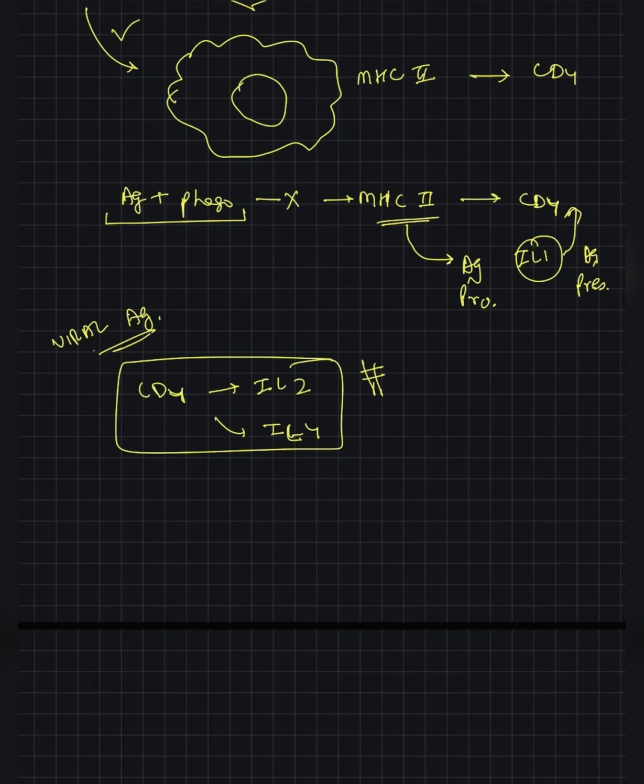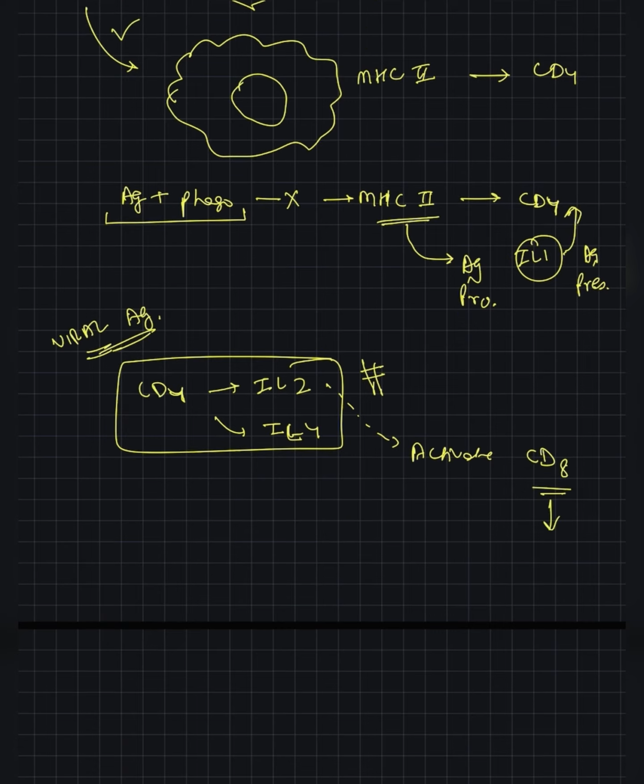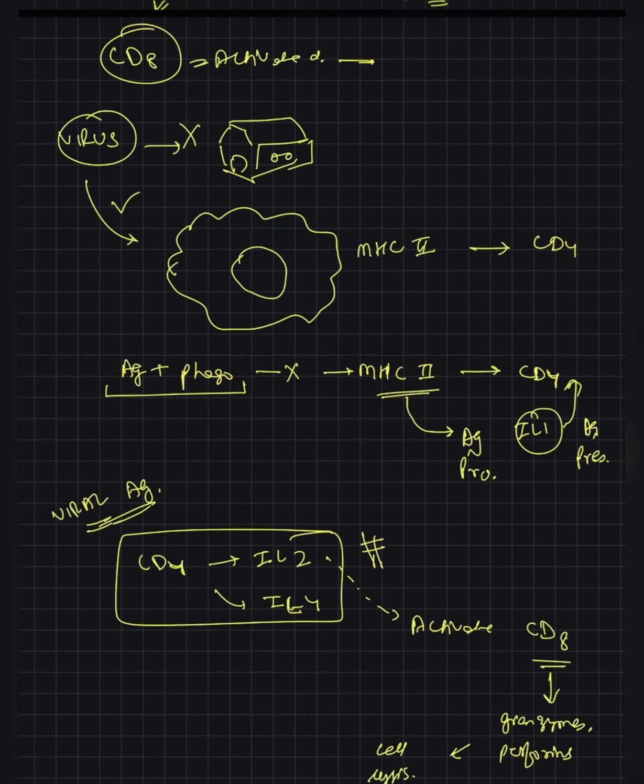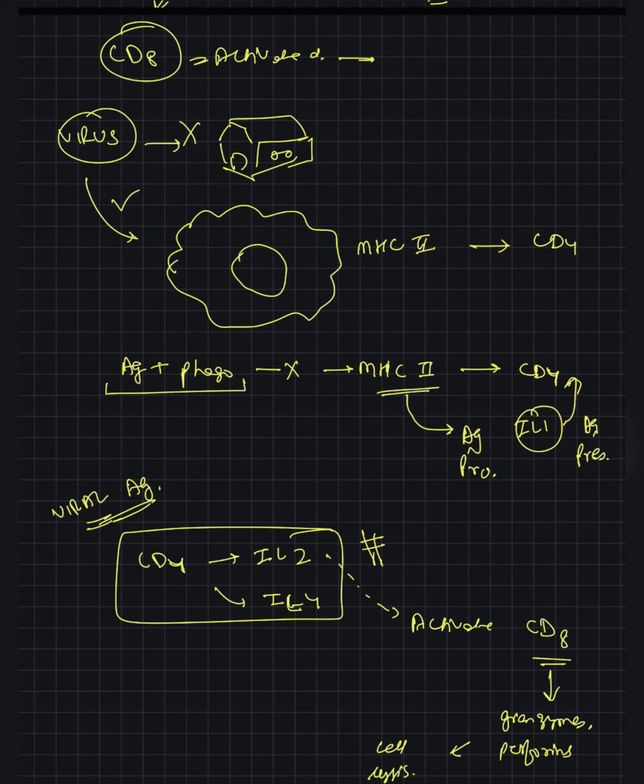This interleukin 2 has the ability to activate CD8, and after the CD8 gets activated, it will release granzymes and perforins, ultimately causing cell lysis. It means that CD4, why did we say that CD4 was a king over here?